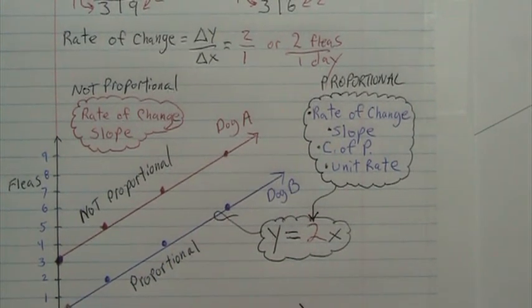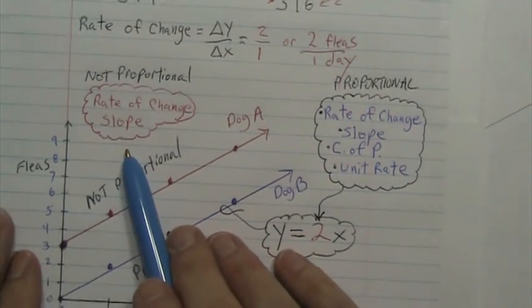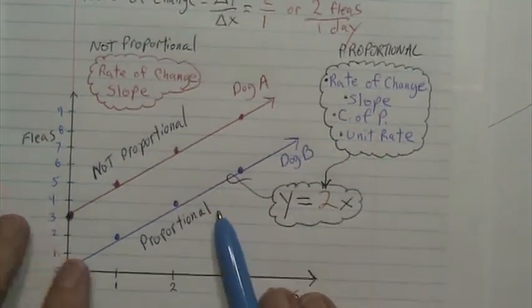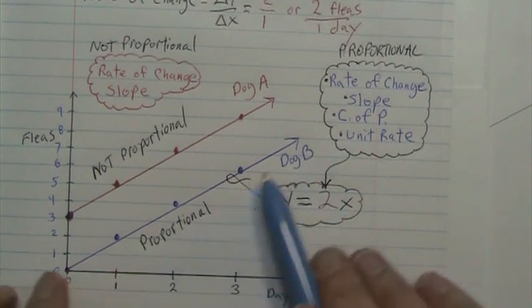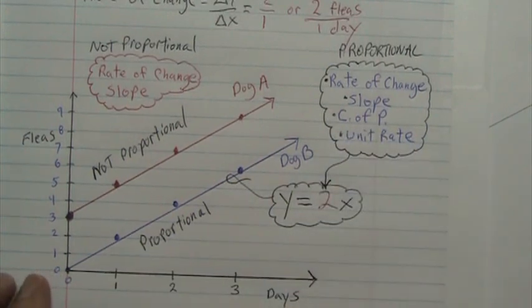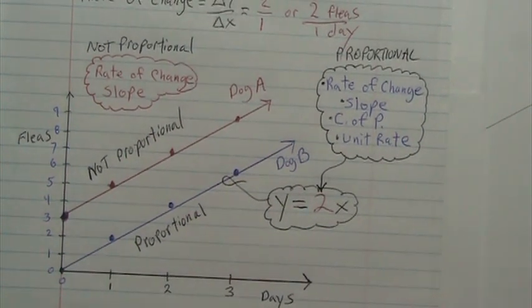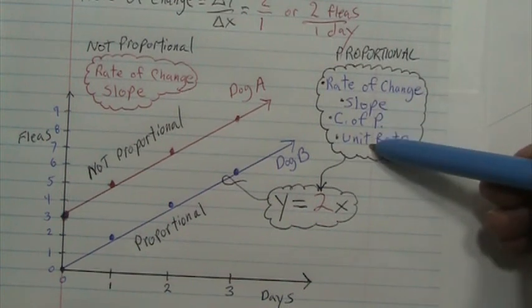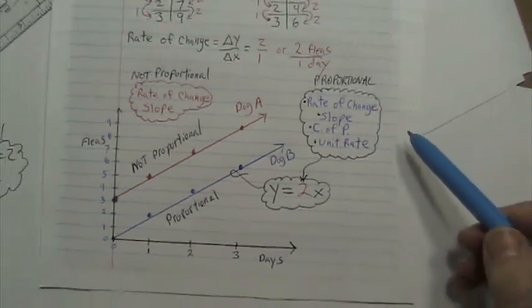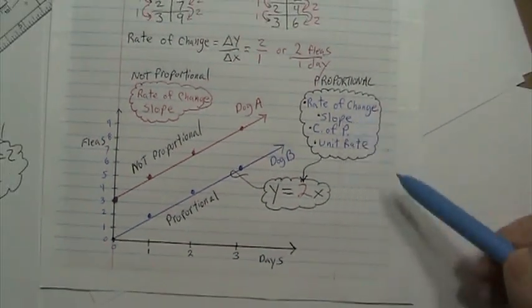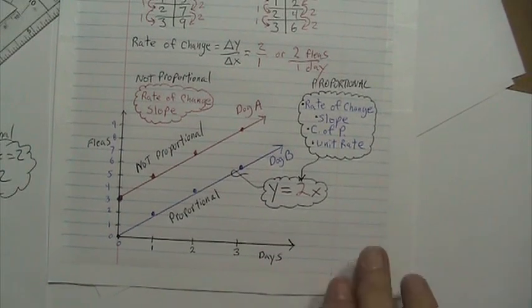They're not proportional. Next year, 8th grade. 7th grade, it's this. So I just want to make that clear. These all mean the same thing. They get the same value. All right?